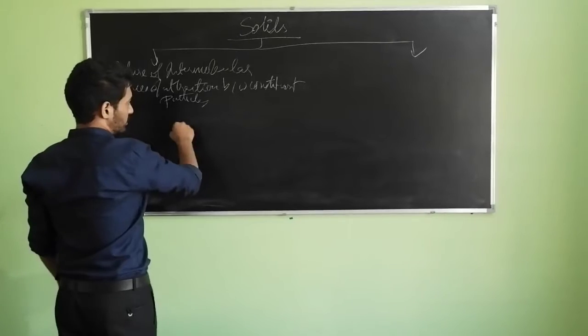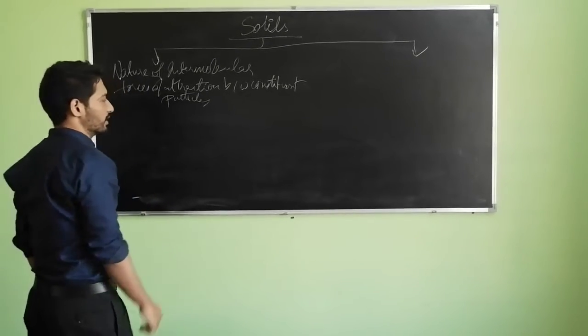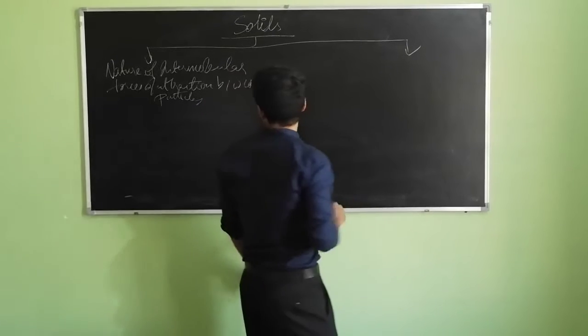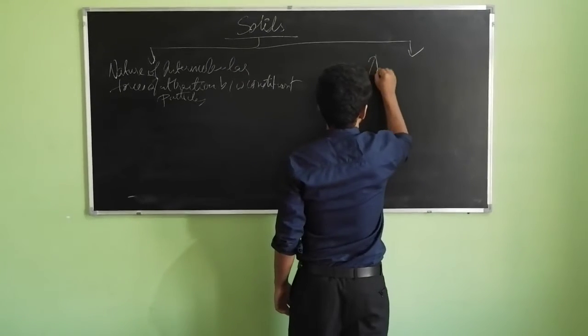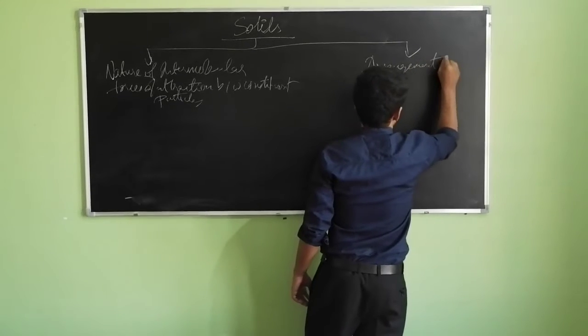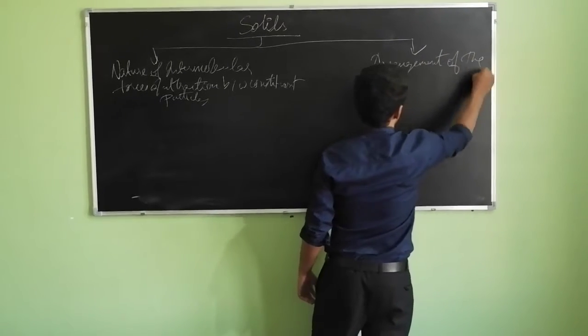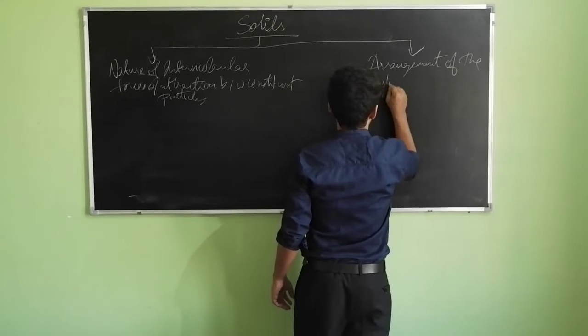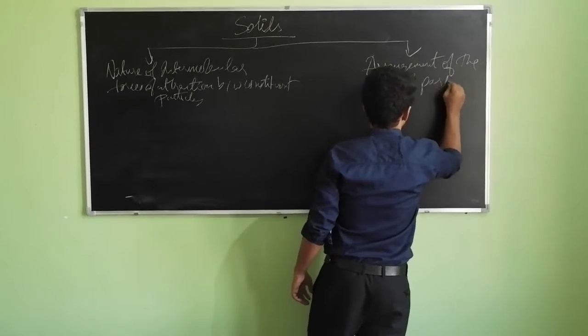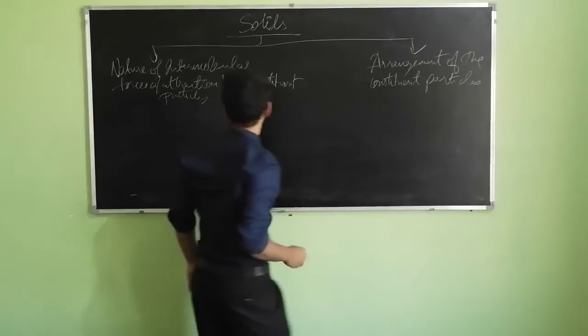You see the constituent particle term comes again. So it's the same thing, either ions, molecules or atoms, whatever the constituents are. So the second is based on the arrangement of the constituent particles.